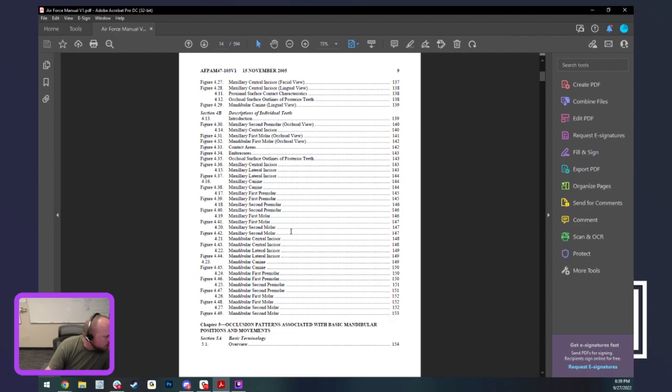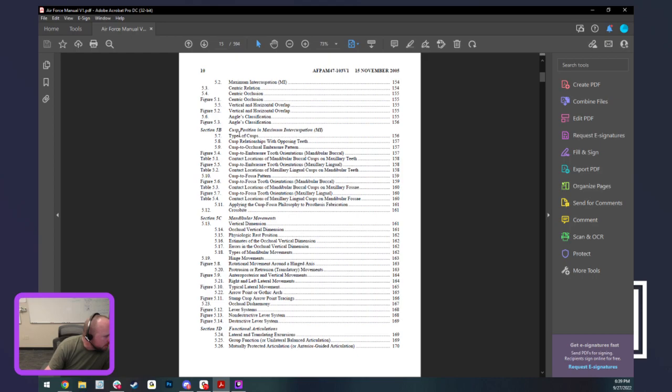Where did you see the cusp form, cusp position and manner? Cusp position maximum.